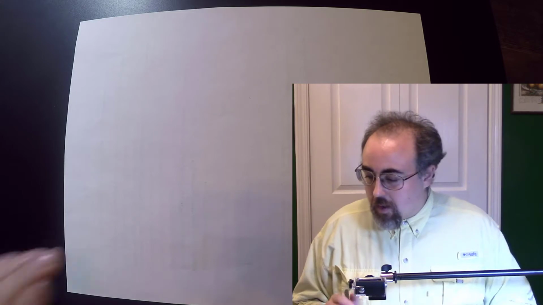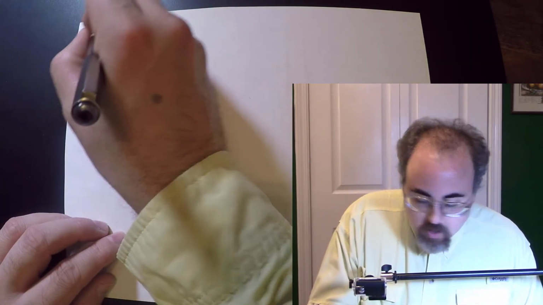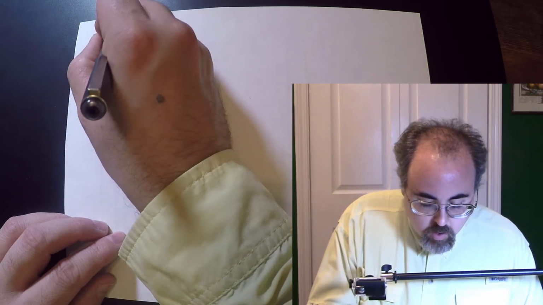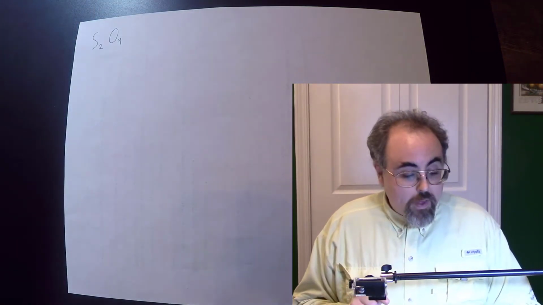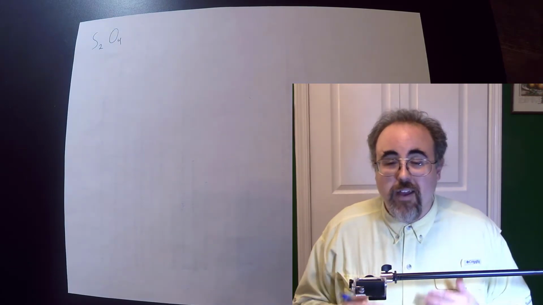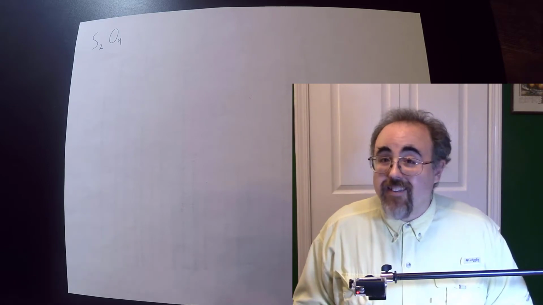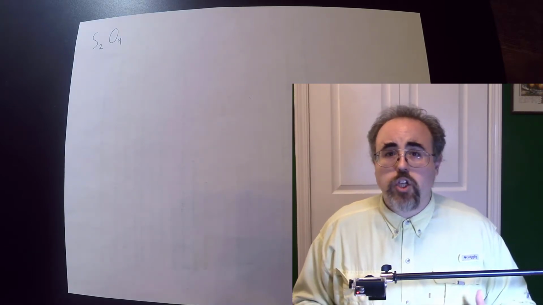Okay, first molecule to show you is going to be S2O4. Now with molecules, with these nonmetals doing covalent bonds, there's no ions involved. So there's also not going to be a charge ratio thing.